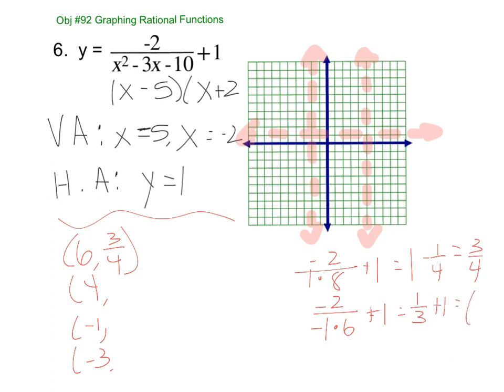So 4/3. I plug in -1. Let's see what I get there. -2 over -1 gives me -6 times 1. So that's 1/3 plus 1. So it's 4/3 again. And then -3, that gives me -8 times -1. So that's our 3/4 again.